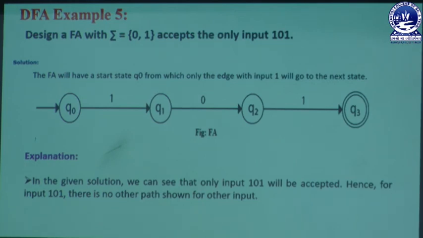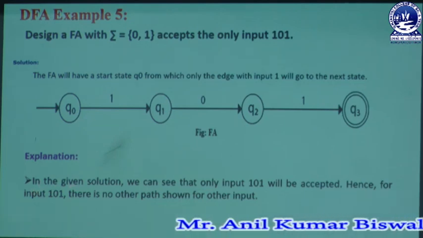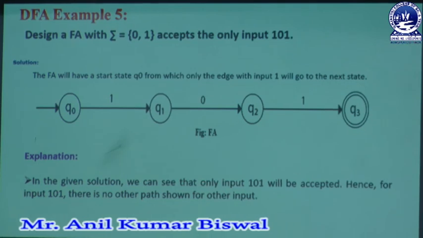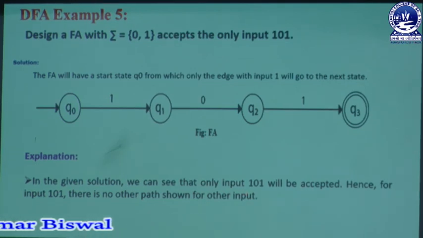We never have any other value like 100110010. So in the given solution, only the input 101 will be accepted. Hence, for the input 101, there is no other path shown for other input values. In this way, you can easily create and access it.